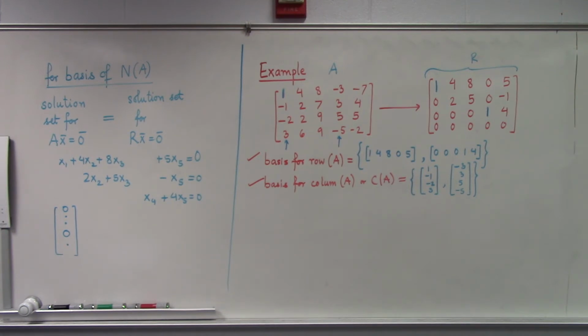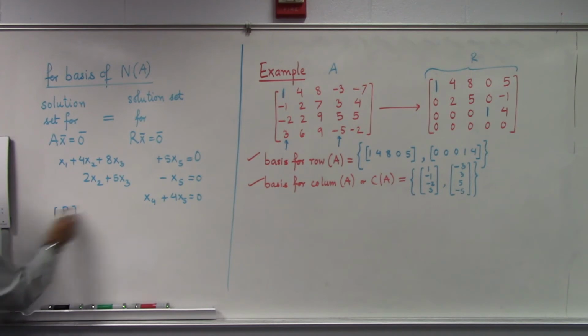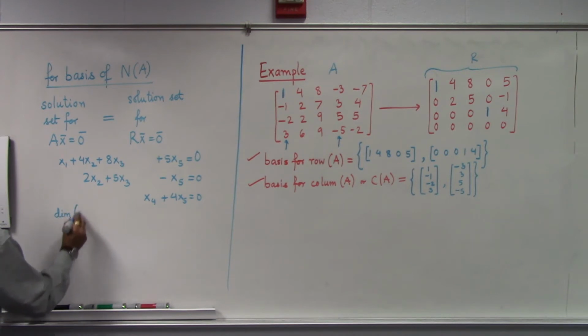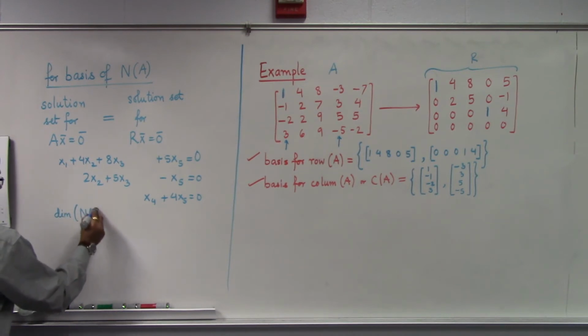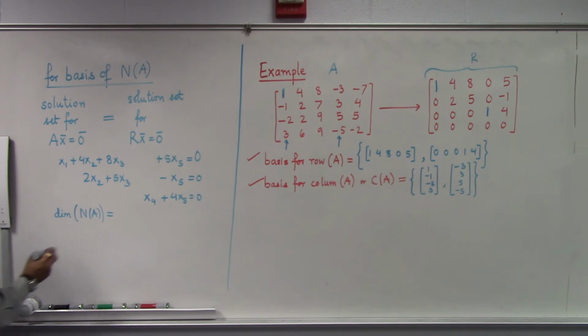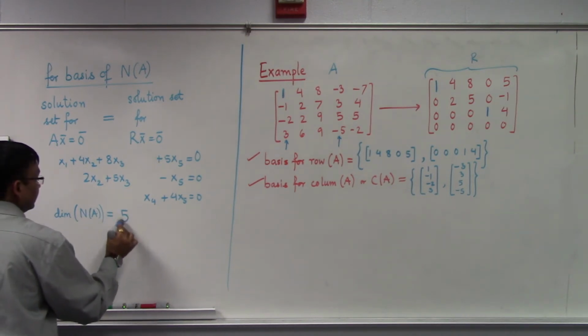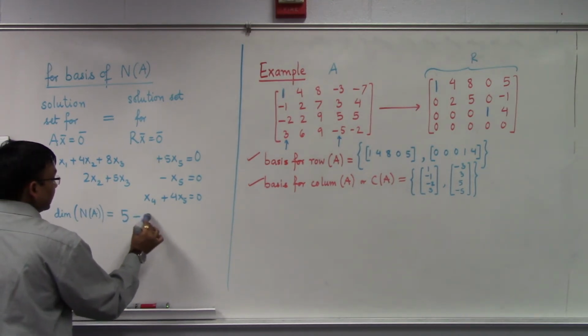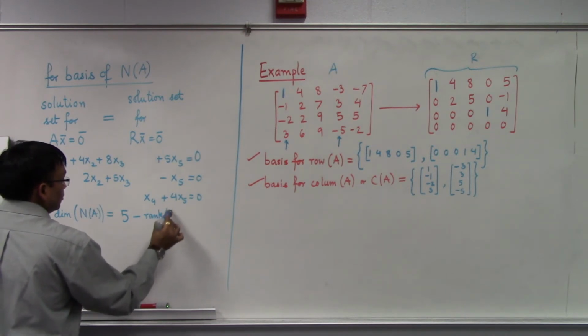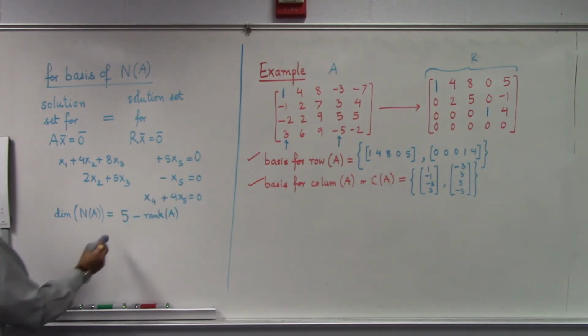A possible vector in the null space could be of this form. So the question now is, what is the dimension of the null space? Here we will use our rank-nullity theorem. Dimension of the null space of A would be the number of columns minus the rank of A. And I think we have already found the rank of A to be 2.